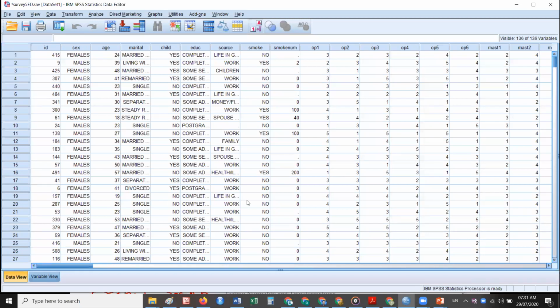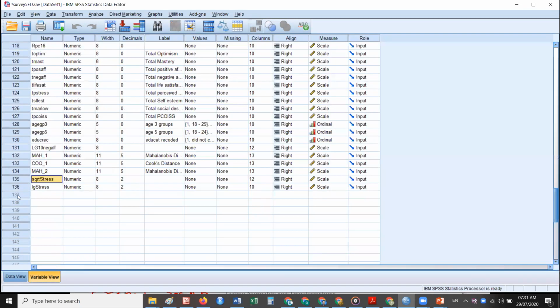You are already familiar with this data file. This data file contains 134 variables. These are the two new variables that I have created now. I am just clearing these two variables because I will create them here in this presentation.